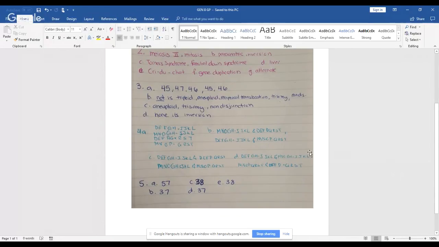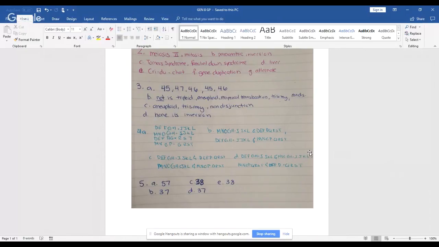For part 4, it says we have a DEFGH centromere IJKL chromosome with MNOP centromere QRST, and it says suppose reciprocal translocation occurs between one chromosome and each pair, producing DEFP chromosome QRST and also MNOGH asterisk IJKL.